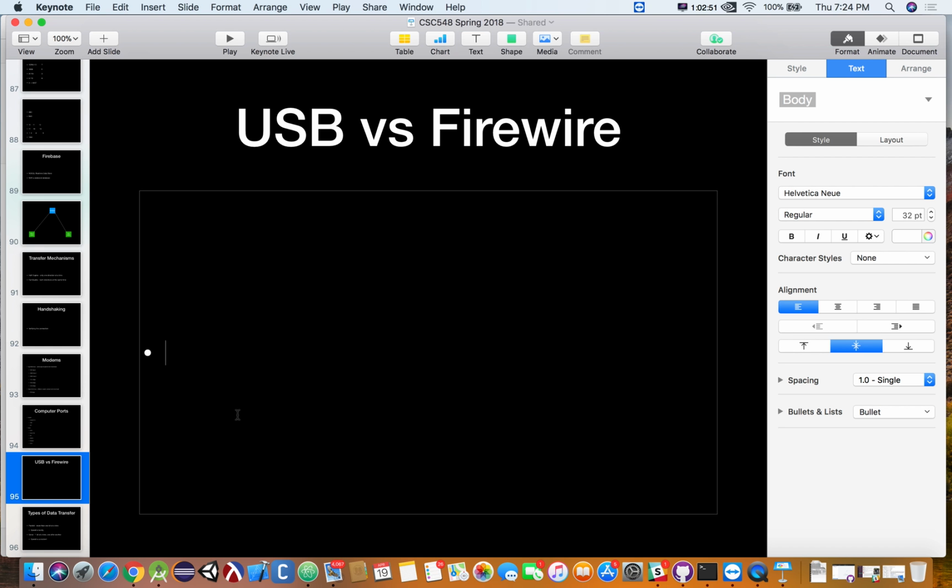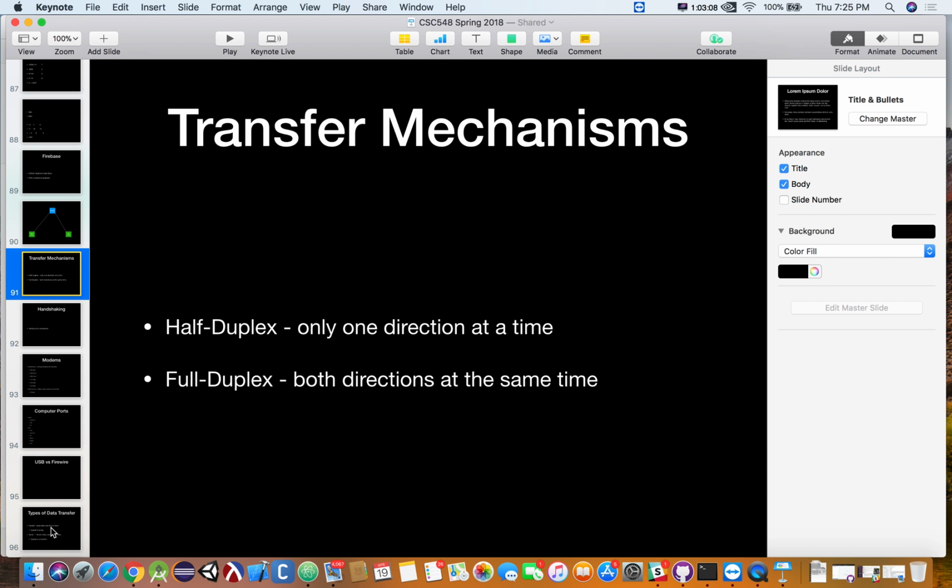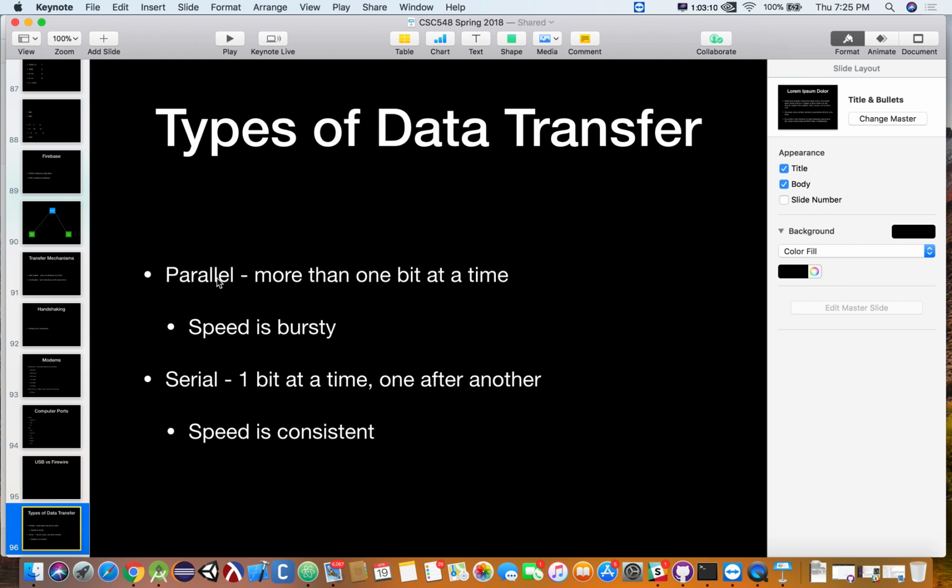All right. So when we talk about USB versus FireWire, we're really making that discussion about parallel versus serial. Now, if you go back to what we said an hour ago, we said parallel is bursty in speed, whereas serial is more consistent in speed.